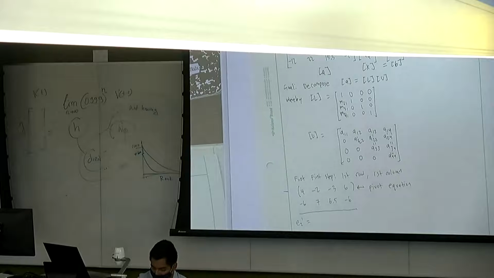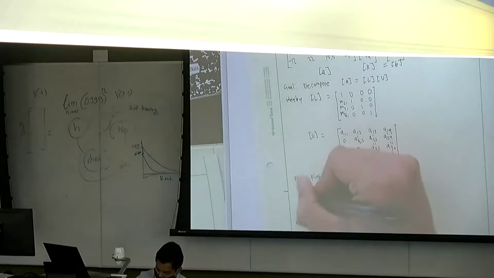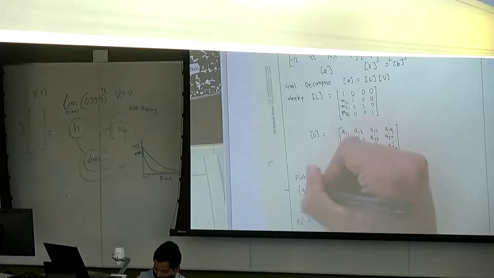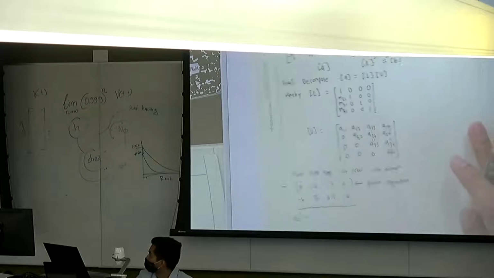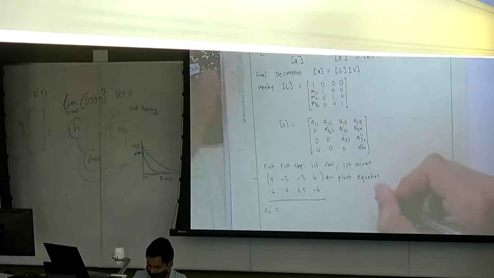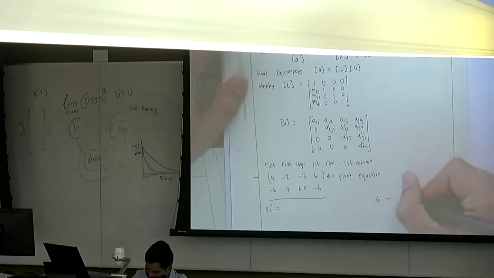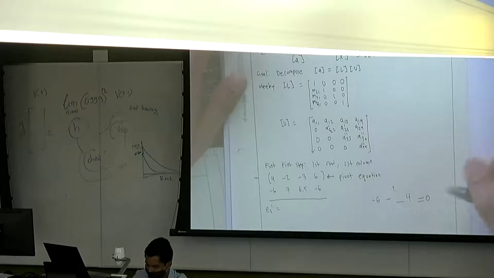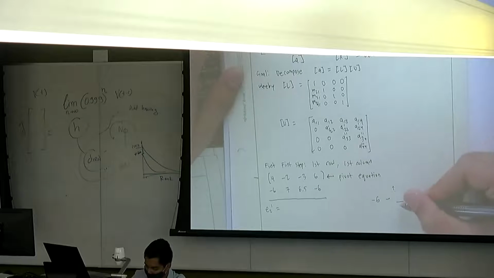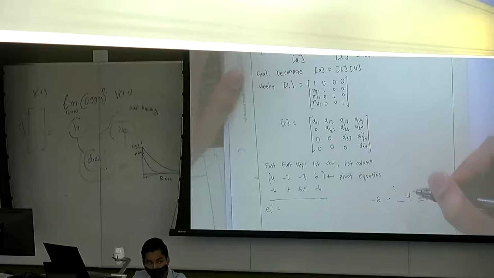So let's do a little side calculation. If I want -6 minus something times 4, and this has to be equal to 0, there's a question mark right there that I want to cancel out so that it's 0.